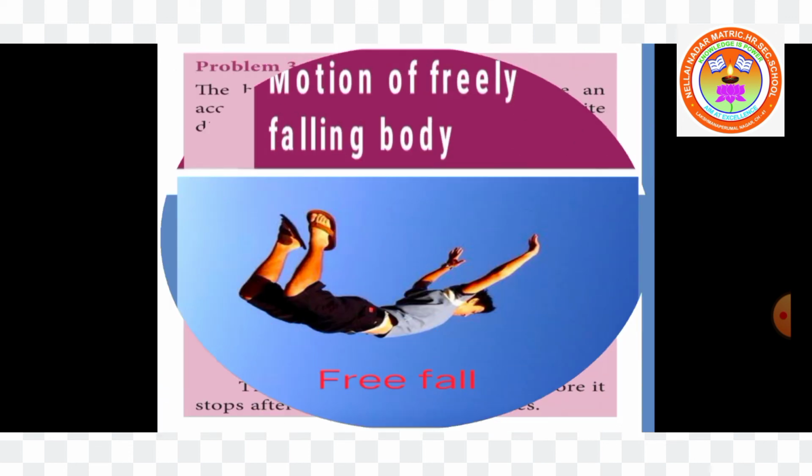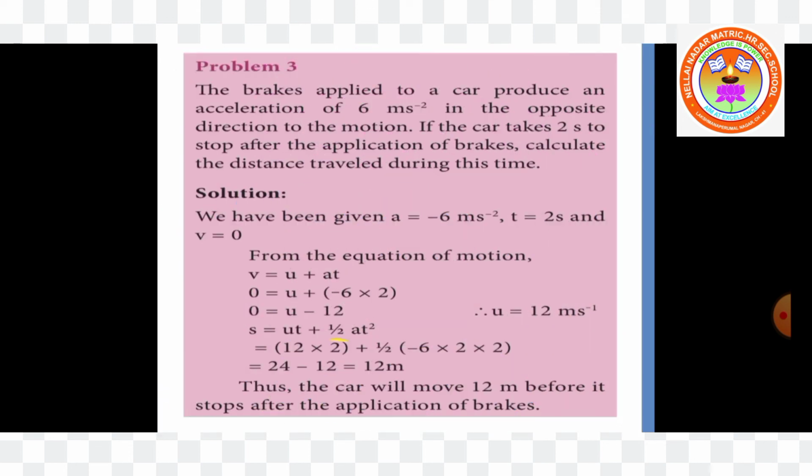So 12 into 2 is 24, minus 1 divided by 2 into minus 6 into 2 into 2, that is 24 divided by 2, that is equal to minus 12. So 24 minus 12 is equal to 12 meter. So s is equal to 12 meter.